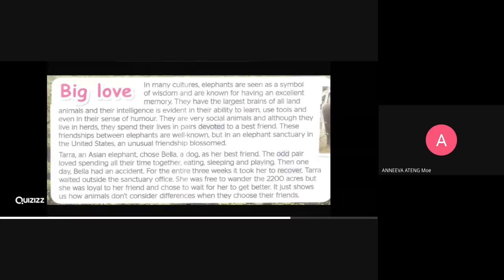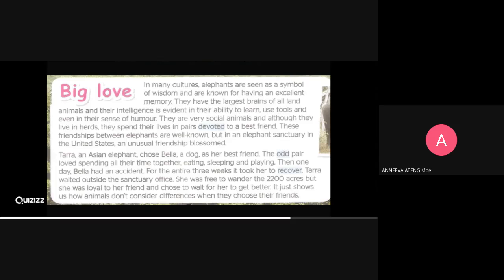In many cultures, elephants are seen as a symbol of wisdom and are known for having an excellent memory. Their intelligence is evident in their ability to learn, use tools, and even their sense of humor. They are very social animals, and although they live in herds, they spend their life in pairs devoted to a best friend.